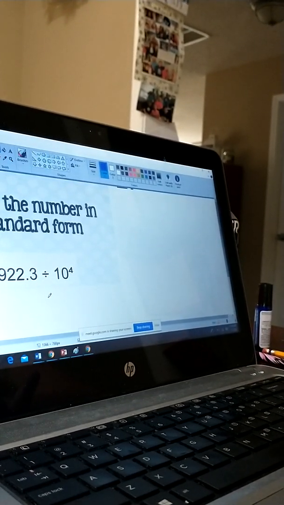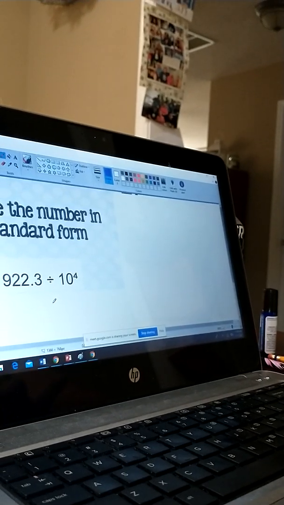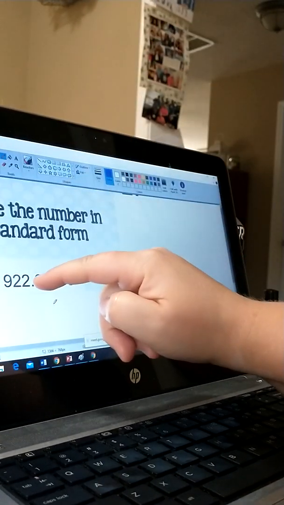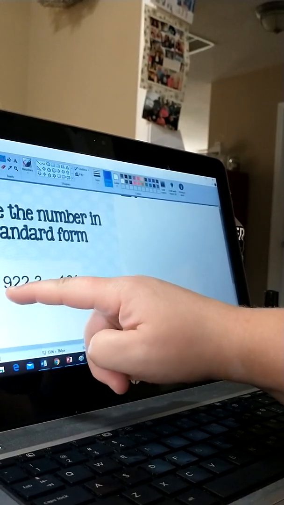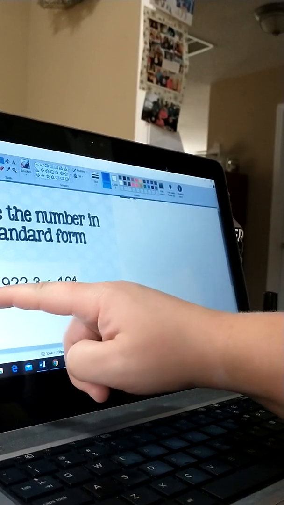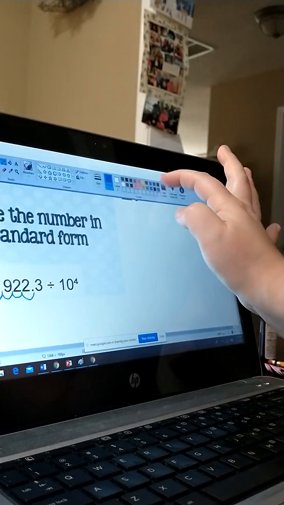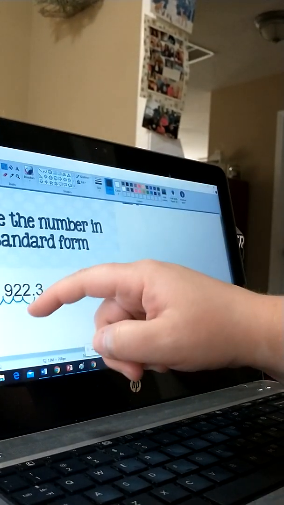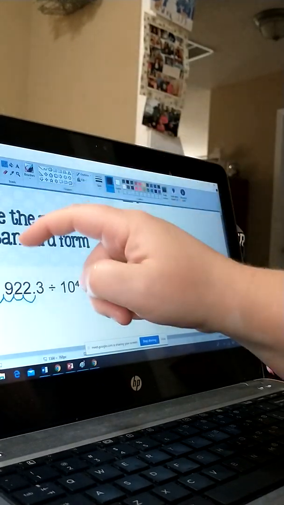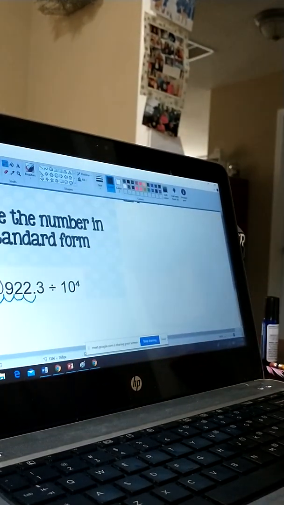All right, so we need to go 4 spaces to the left. So 1 space, 2 spaces, 3 spaces, 4 spaces. So my decimal is going to be right here. And I have 1 empty spot right there.